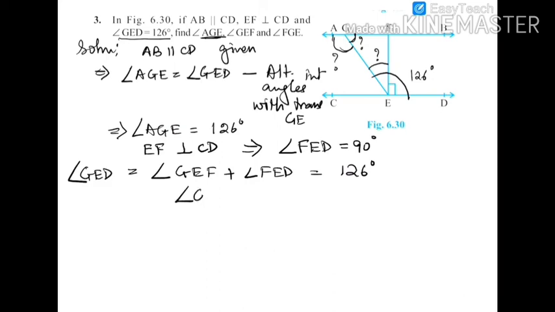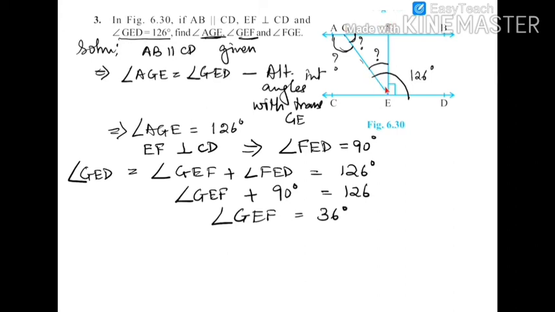So angle GEF plus 90 is 126. Solving this equation, we get angle GEF equal to 126 minus 90, that is equal to 36 degrees. So we have answered the second part.